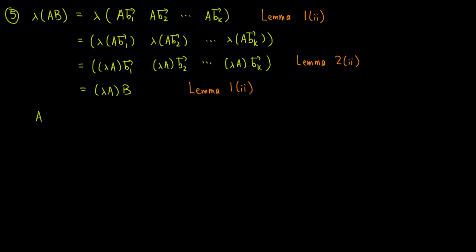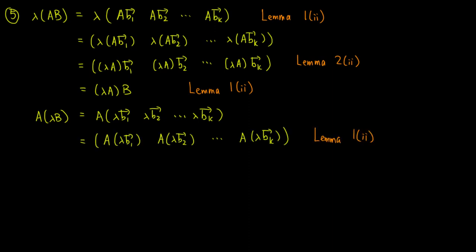The third expression is A times (lambda times B), which equals A times the matrix with columns lambda times B1, lambda times B2, up to lambda times BK. By the second point of the first lemma, this equals the matrix with columns A times (lambda times B1), A times (lambda times B2), up to A times (lambda times BK).